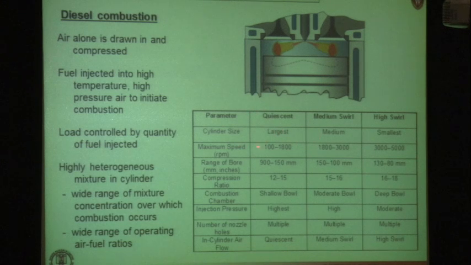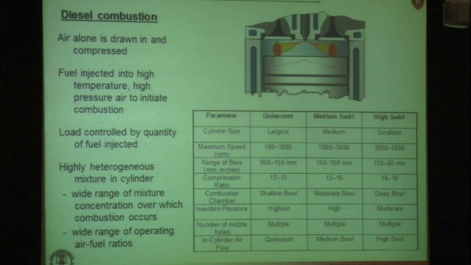This occurs in the largest engines, like that Wärtsilä engine, with very low RPM, on the order of 100 RPM for those huge engines. Here you see the bore size going up to 900 millimeters, right? So that's almost a meter. Compression ratio would be on the order of 12 or so, 12 to 15. Multiple nozzle holes, actually multiple injectors even in those large engines.